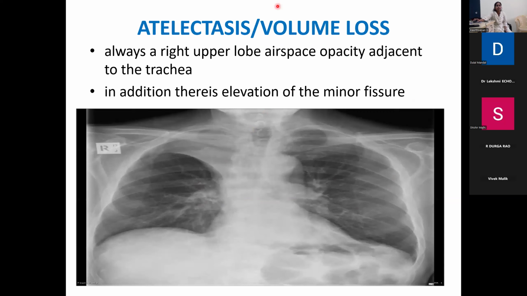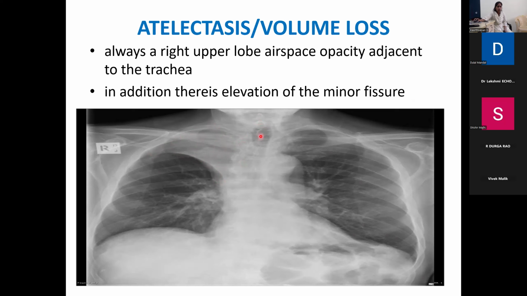The next is atelectasis or volume loss. There is a right upper zone opacity. Here I have written upper lobe. Why? Because the minor fissure has clearly delineated that this is an upper lobe. That is why you can say this is a complete upper lobe, because it is restricted by the minor fissure. Otherwise you have to call it zones only. What are the other findings?